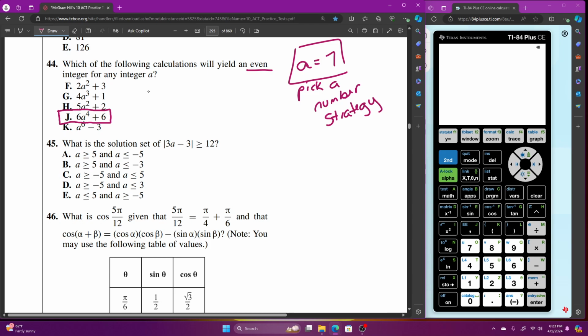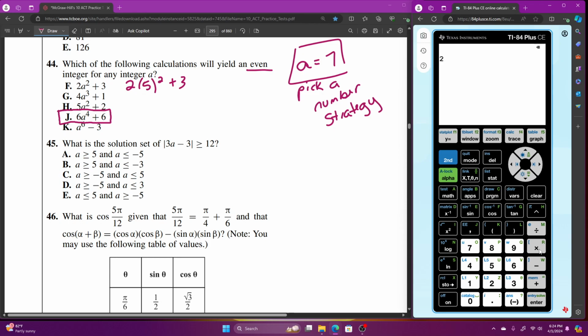Let's look. If we had 2 times 5 squared plus 3, we got an odd number. Try G: 4 times 5 to the power of 3 plus 1.